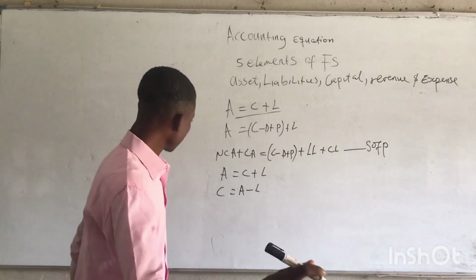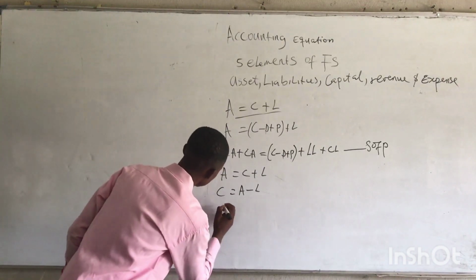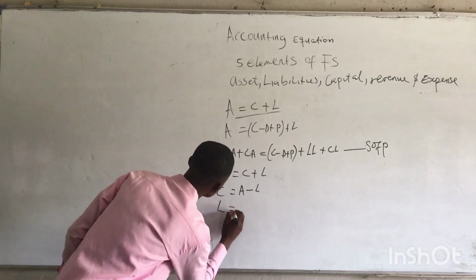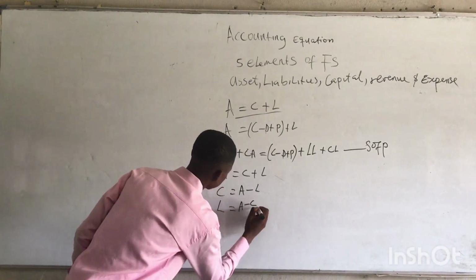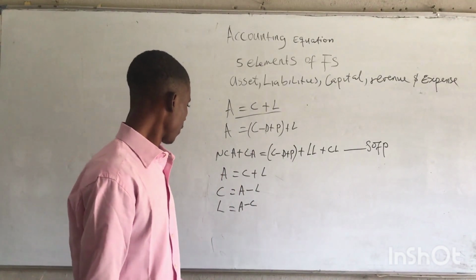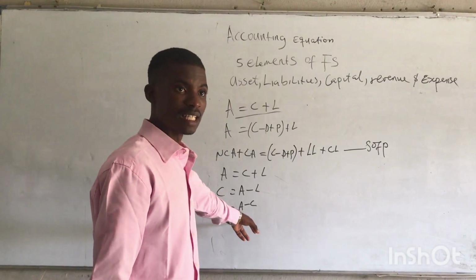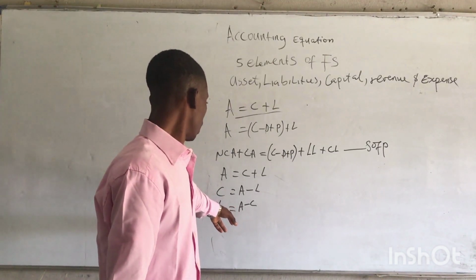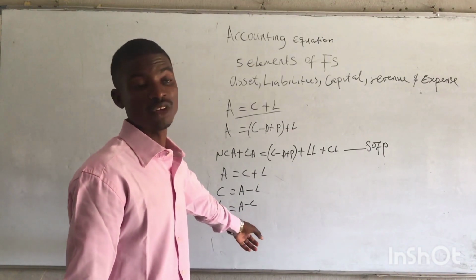But now, if I decide to make the liability the subject of the equation, it now becomes liability equals to assets minus capital. And the implication is also that if you take away capital from the total asset of the business, it will give you the value of the liabilities, or what they are owing to the outsiders.